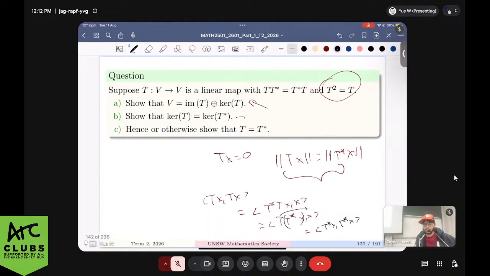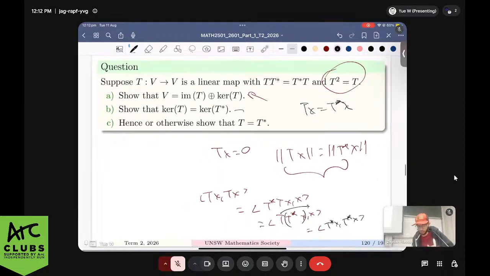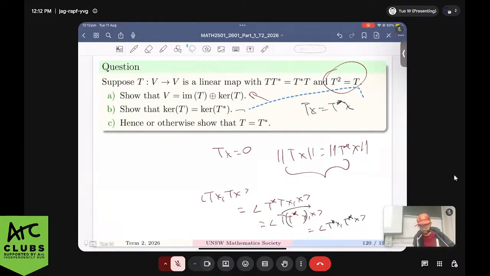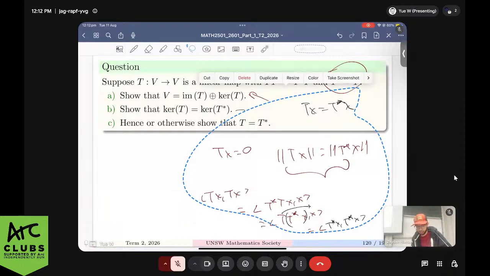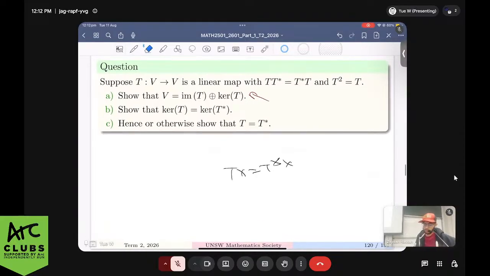Okay, so now show that T equals T star. To prove two linear maps are the same, you can show that they have the same outputs for a given input, like Tx equals T star x for all x. How do we do that? So we've shown it's idempotent.